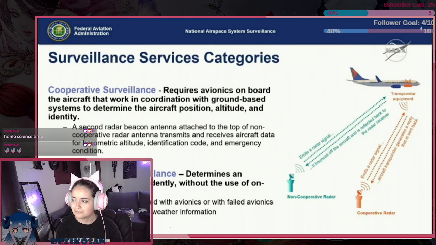The non-cooperative surveillance is independent. This is basically the classic radar. RF energy is transmitted out, reflects off the target, and we receive that signal, and from that return we can determine where that aircraft is. Typically these cooperative and non-cooperative sensors are co-located together, the cooperative mounted on top of the non-cooperative radar.